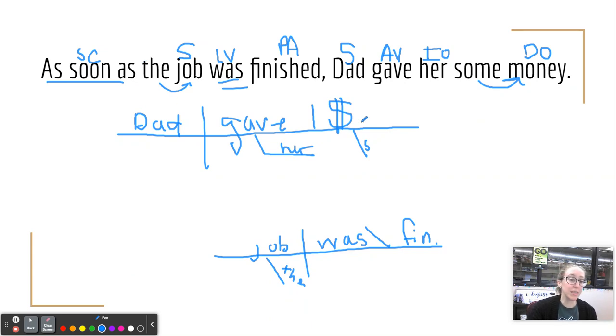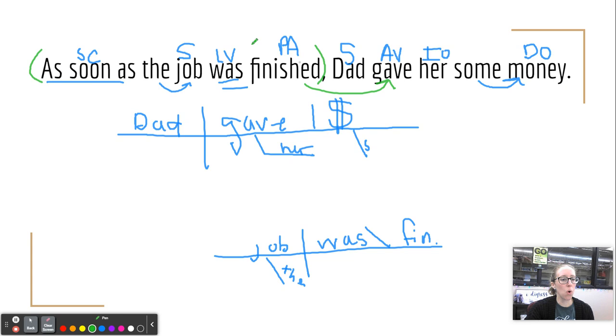Now, the one thing that we haven't figured out yet is what this subordinate clause is modifying or describing in the independent clause. So we can use those adverb questions from the previous slide to help us figure it out. As soon as the job was finished is telling us when she was given the money.